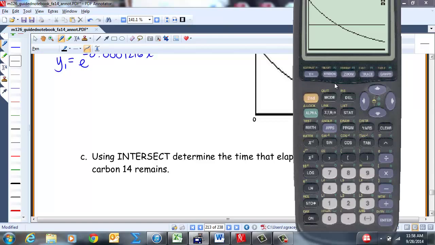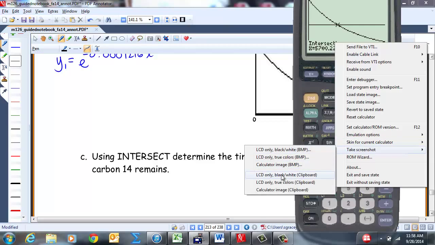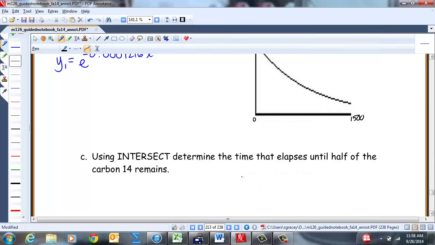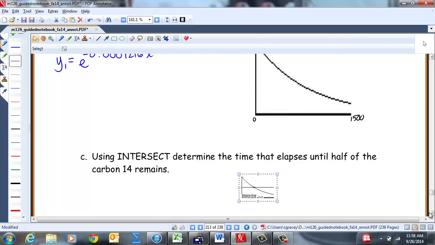So second, calculate, intersect is 5. So the first curve is here. See how it jumps right to the second curve? Hit enter, and then hit enter again, and you'll get the intersection. So just as we expected, because we were given this information at the beginning, we expected that this would be 5,700.